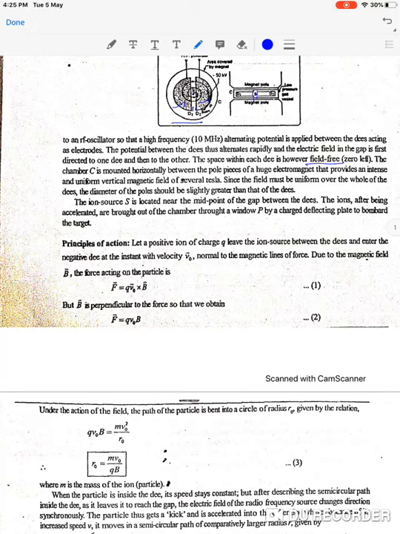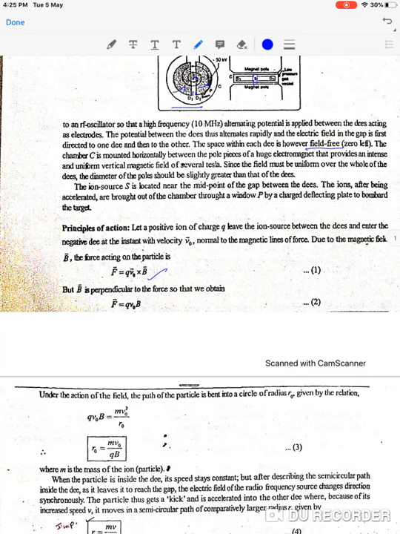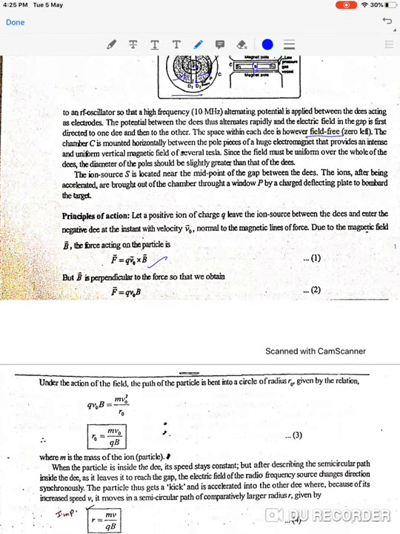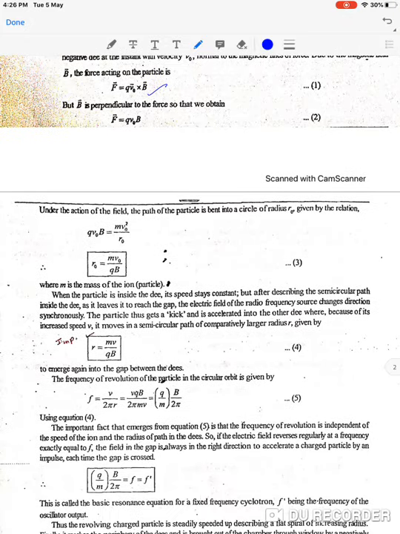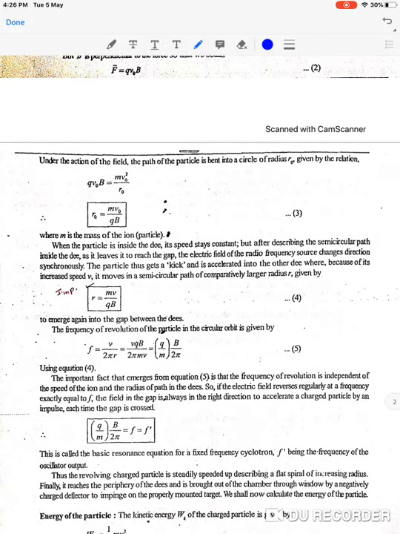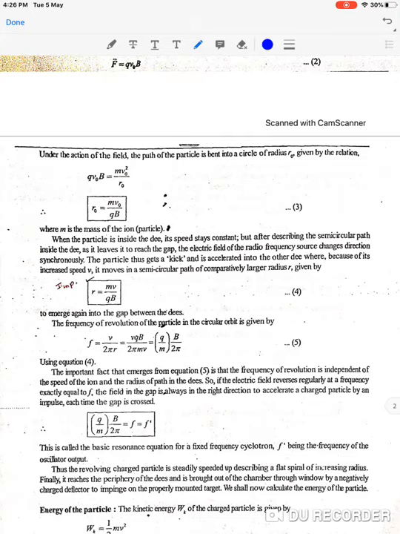When it enters the magnetic field region, it follows a circular trajectory because of the force F equal to q v naught cross B. Under the action of this field, the path of the particle is bent into a circle of radius r naught, given by this relation.